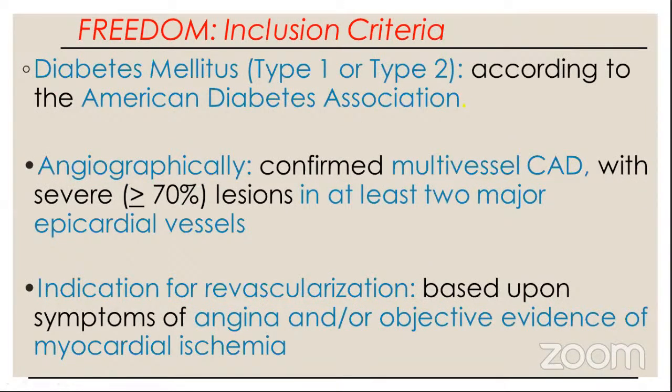Diabetes mellitus was defined according to the American Diabetes Association, and this is a trial of angiographically multivessel coronary artery disease with 70% or more stenosis in at least 2 major epicardial vessels. The indication for revascularization was either angina or objective evidence of myocardial ischemia.